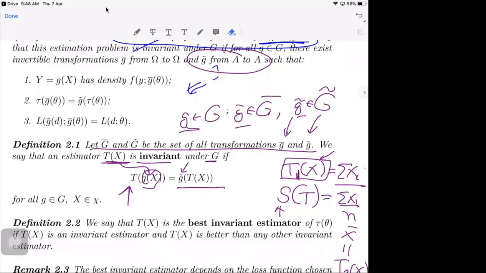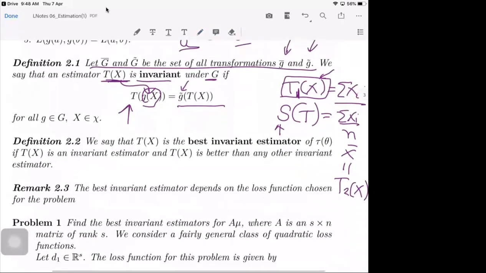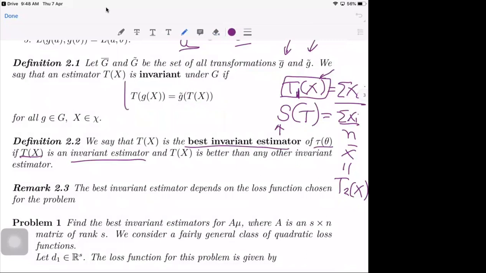So when will it be best? So we say that T of X is best invariant estimator of tau of theta if T of X is an invariant estimator. So mo-satisfy siya dapat ani. Invariant na siya daan. And T of X is better than any other estimator. So how do we measure that Tx is better than any other competitor na invariant?